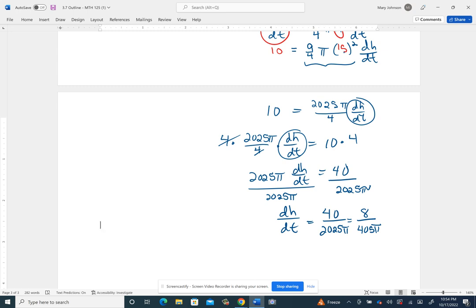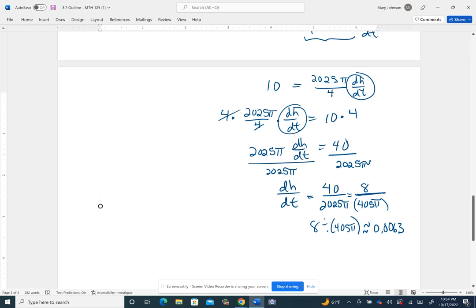And then if you divide 8 by 405 pi, make sure that you're dividing by all of that when you do it. Make sure you type it in 8 divided by all of that. What you wind up with is that turning out to be about 0.0063.